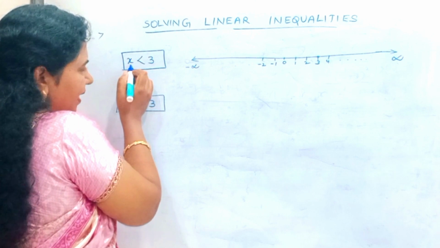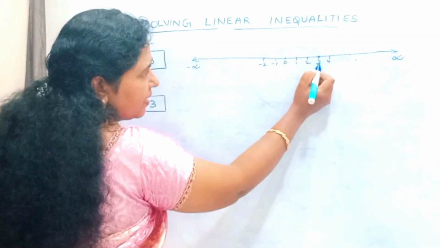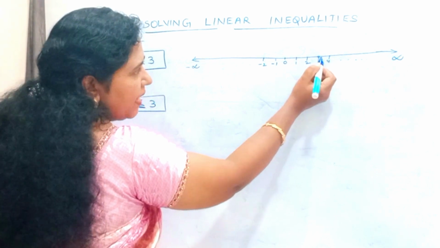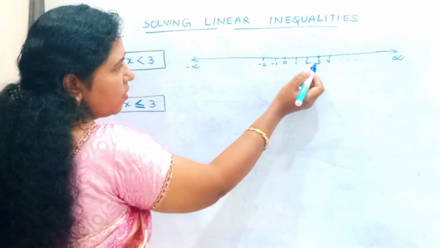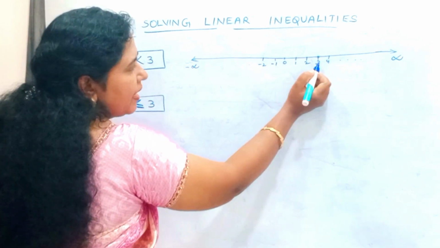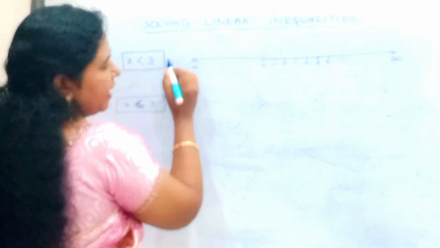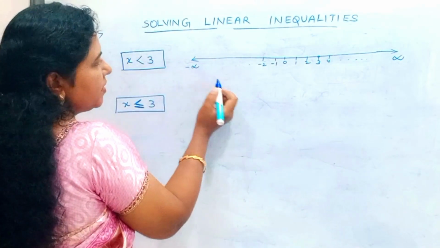It means x can take values less than this 3. So here we are having 3. So less than 3 means we will be having on the left hand side. So all the values on the left hand side becomes less than values for 3. So we may have any value in this range. So that is the meaning for this relation.